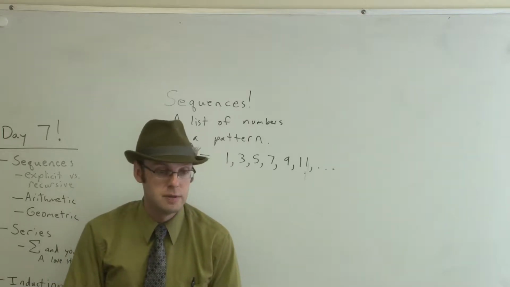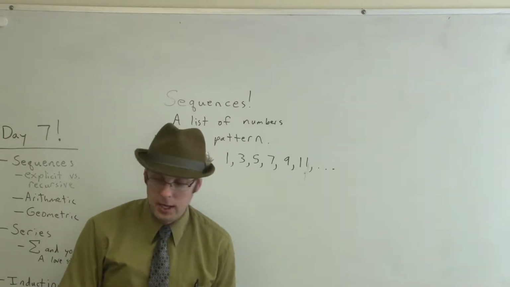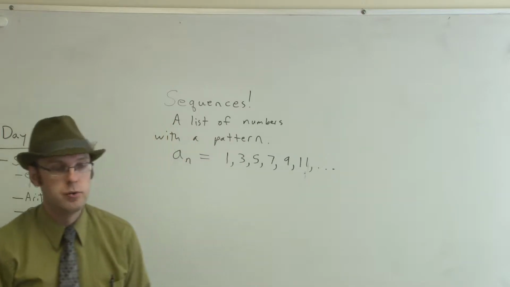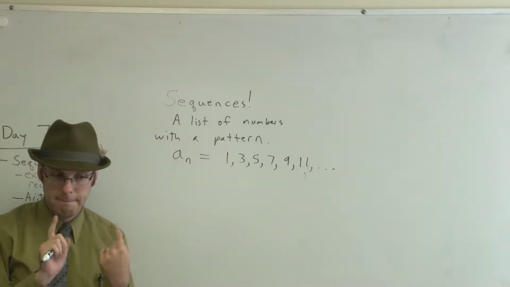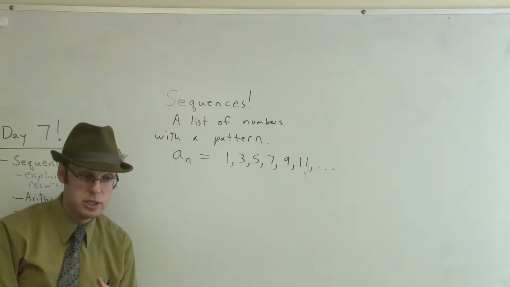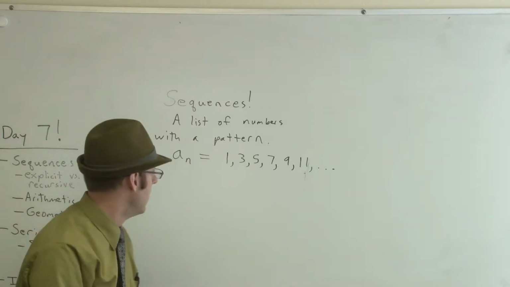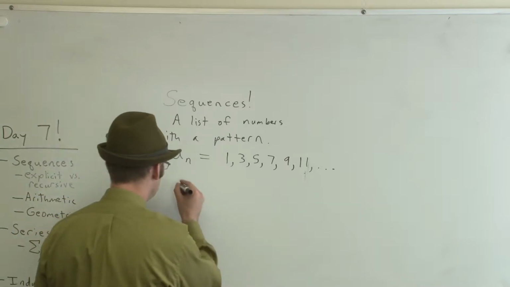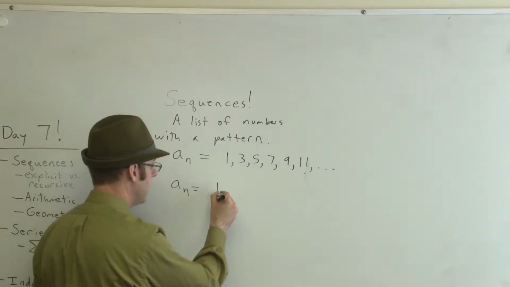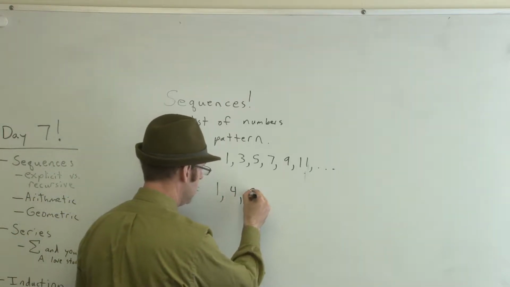We can have all sorts of different patterns to numbers. We're going to be primarily concerned with arithmetic sequences and geometric sequences today. But you can have other patterns. So, for example, here's a favorite one.